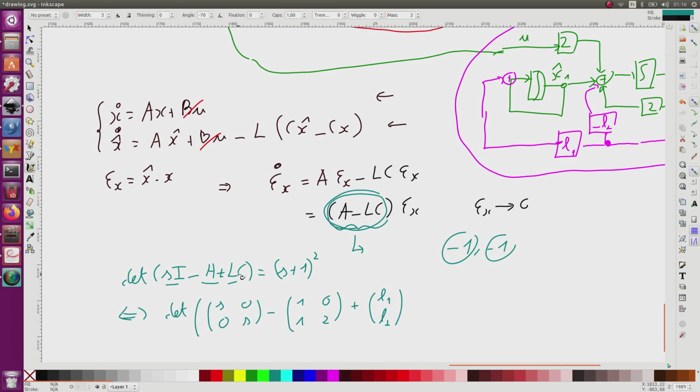C has the form 0, 1. This determinant is quite easy to compute. It should be equal to s squared plus 2s plus 1.